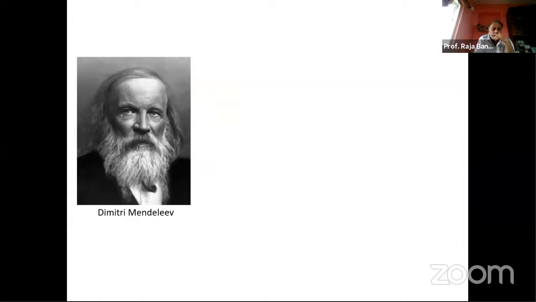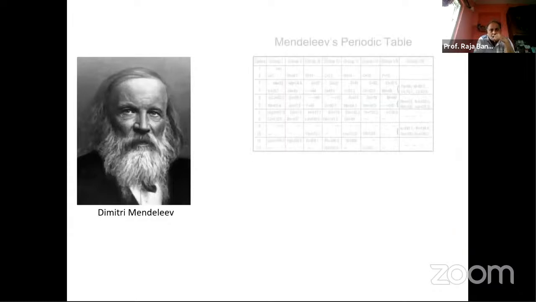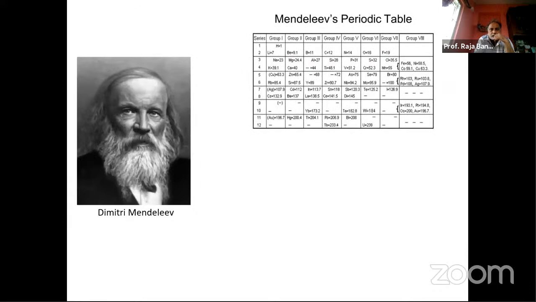Most probably Dmitri Mendeleev, the Russian scientist, organized the elements based on their properties. At that time, only 53 to 60 elements were known. He started working on 53 and ended with 60, and he made these groupings: group 1, group 2, group 3, and so on.